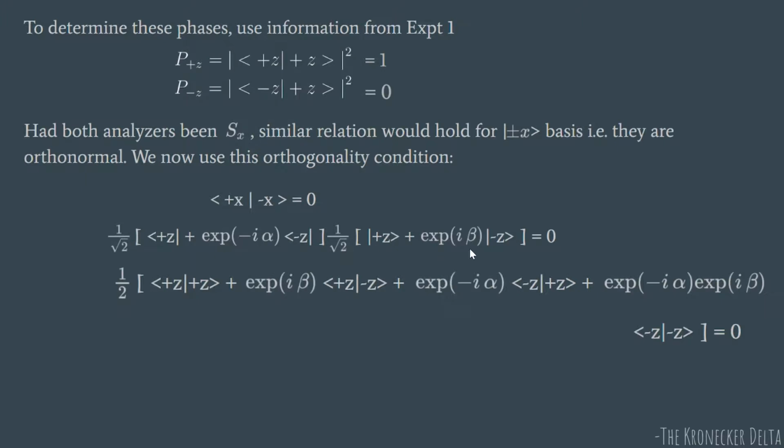Then you have exponential minus i alpha, exponential i beta, inner product minus z minus z. Then you equate it to 0. What we know is that the plus z inner product is 1, and the minus z inner product is 1. This term and this term go to 0 because these SZ states we already know are orthogonal. So we get 1 plus exponential minus i alpha, exponential i beta.